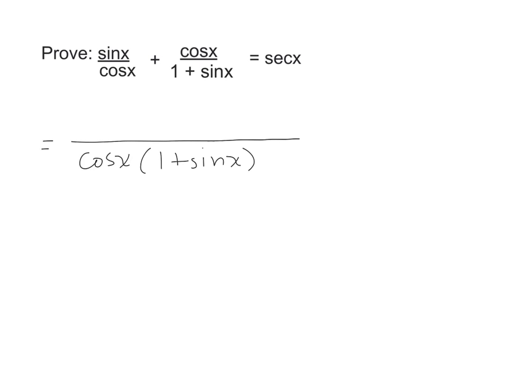So what I have to do here is sine x multiplied by 1 plus sine x plus cos x multiplied by cos x. So I took the denominator of the first one and multiplied by that on the second one, and then the denominator of the second and multiplied the first one by that.